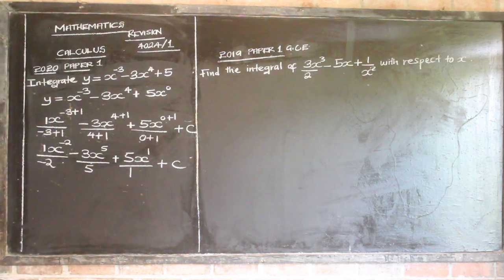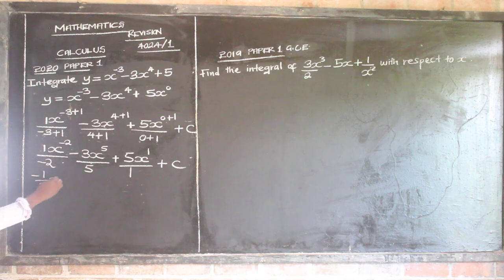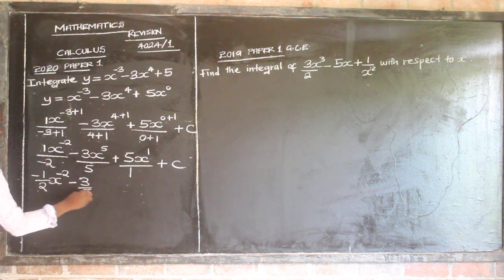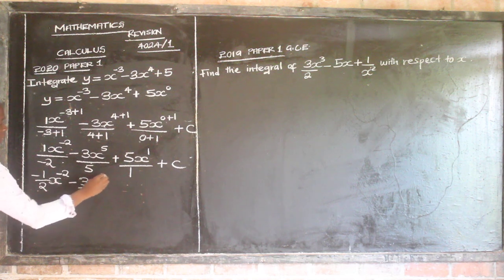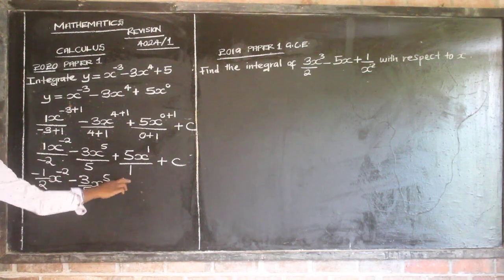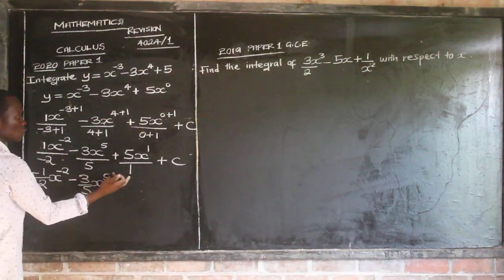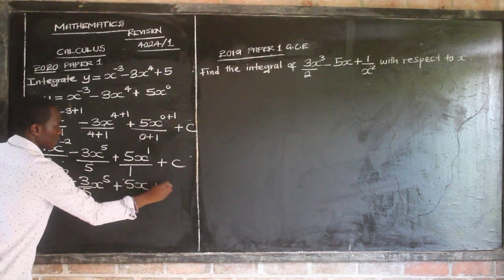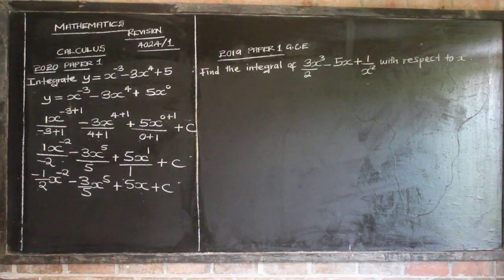So here, this one can also be written as negative 1 over 2 x to the power negative 2, minus 3 over 5 x to the power 5, plus 5x, plus c.